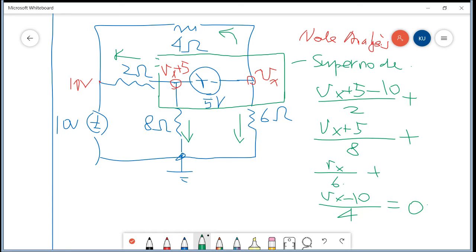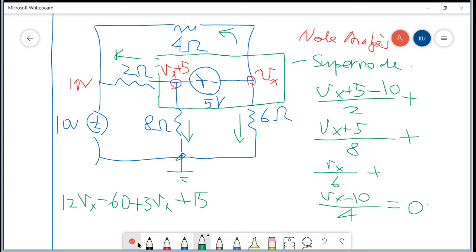So let's multiply both sides by 24. So for the first one, we have 12 Vx, and then here 5 minus 10 minus 5. So multiply by 12 is minus 60. For this one, multiply 24. So we have 3 Vx plus 15.